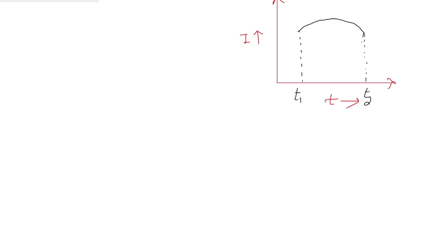So we can say that the area of the IT graph, area of the current time graph, represents charge. Area of IT graph is equal to charge flow in conductor.